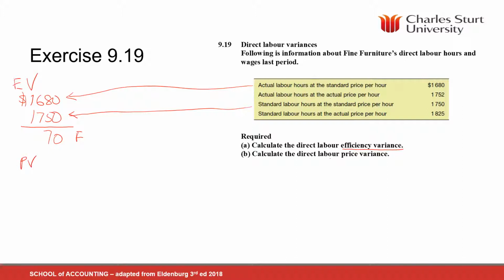So here we're looking at the price variance. So we're looking at the difference in the price. So here we start with the actual labour hours at the actual price per hour, which is 1752. So that's the actual labour hours at the actual price.